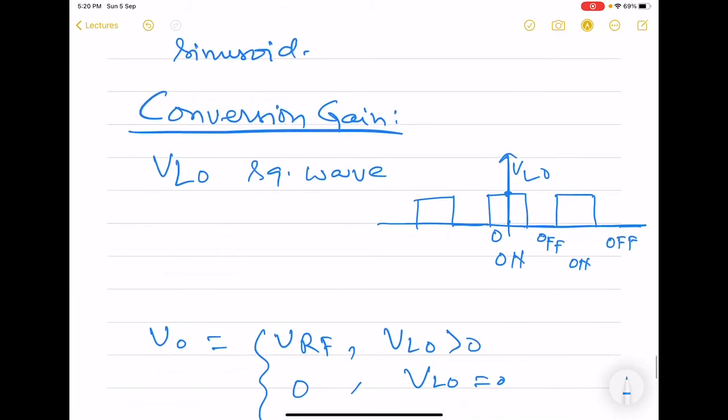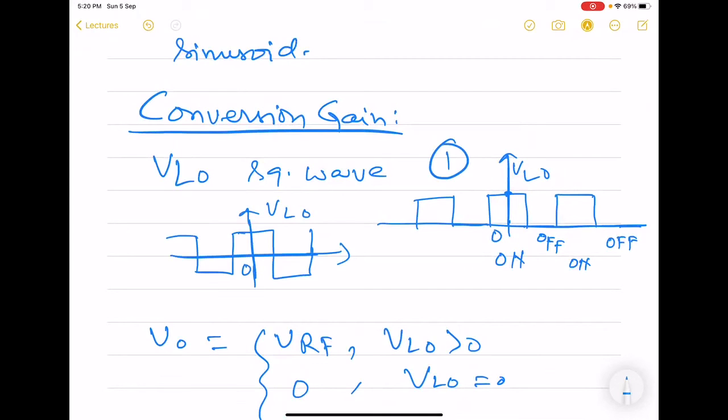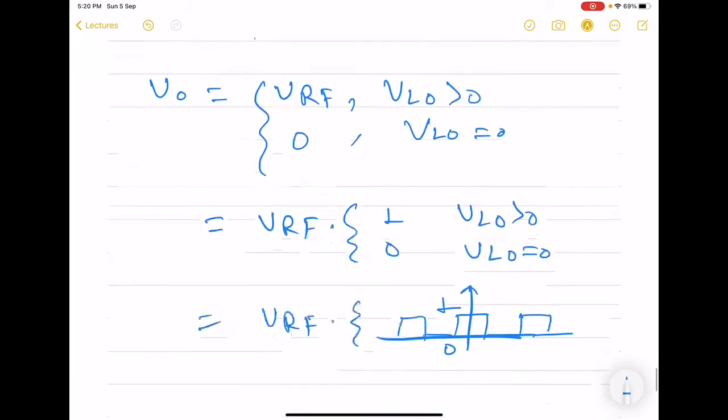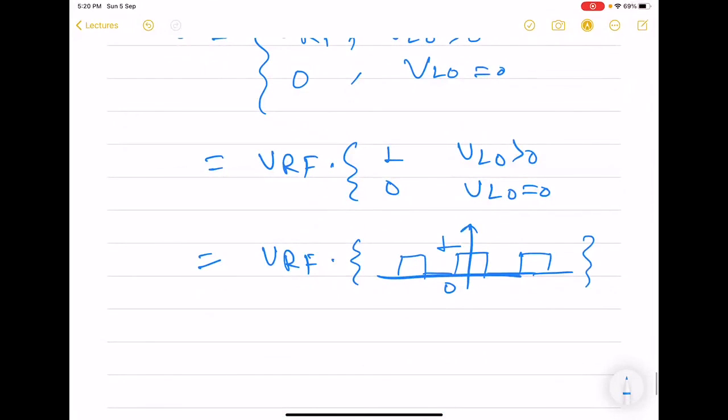So here we could have started with LO like this, between a positive and negative value. This LO is also possible. But whether you take this LO of type 1 or type 2, in both the cases, what you will get here is this square wave between 0 and 1.